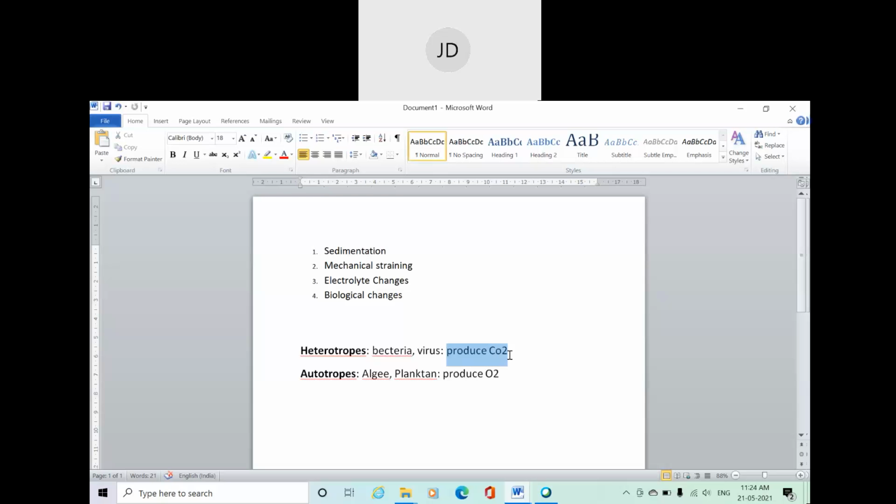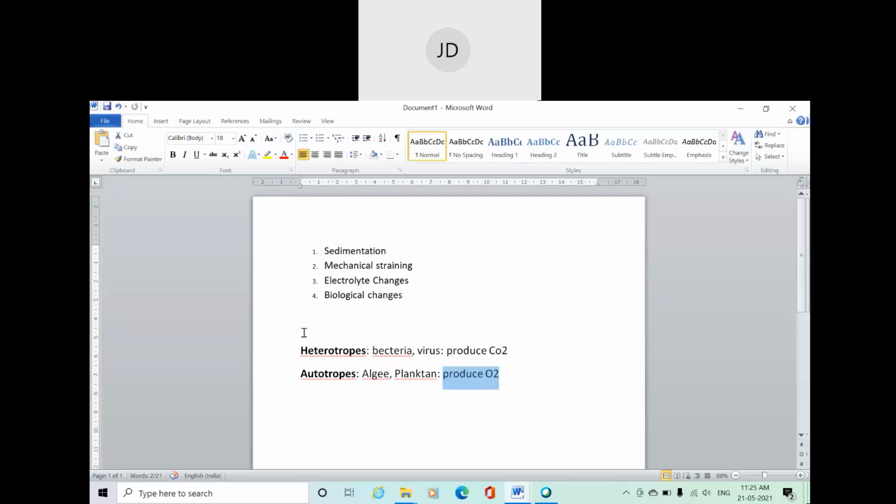That carbon dioxide can be used by the autotrophs like algae and plankton present in the biological film, and they use sunlight for photosynthesis. For the process of photosynthesis, they need carbon dioxide. They also consume nitrogen and phosphorus, and finally they produce oxygen.